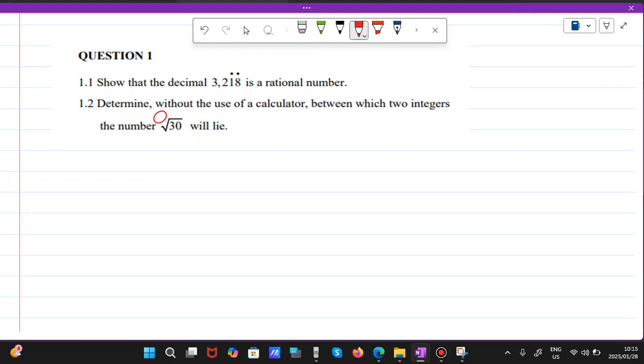So it's easy. What we can do now, you should write the numbers from 1 up until 10. So I'll just write 1, 2, 3, 4, 5, 6, 7, 8, 9, 10.